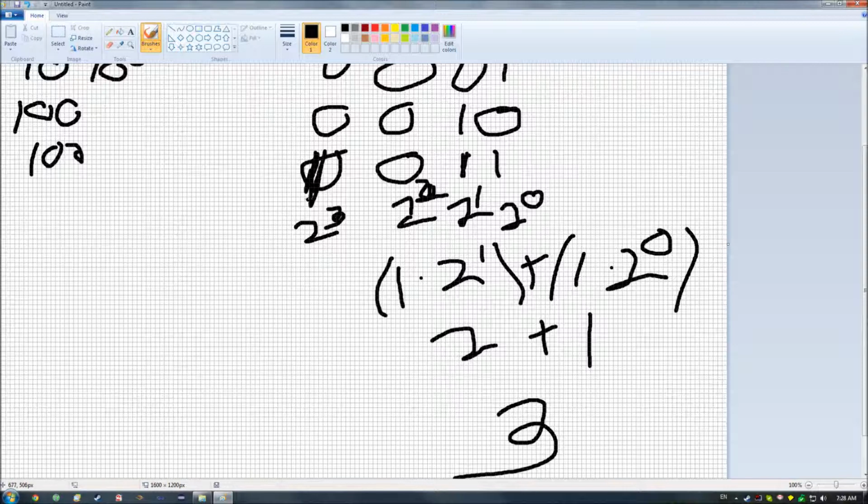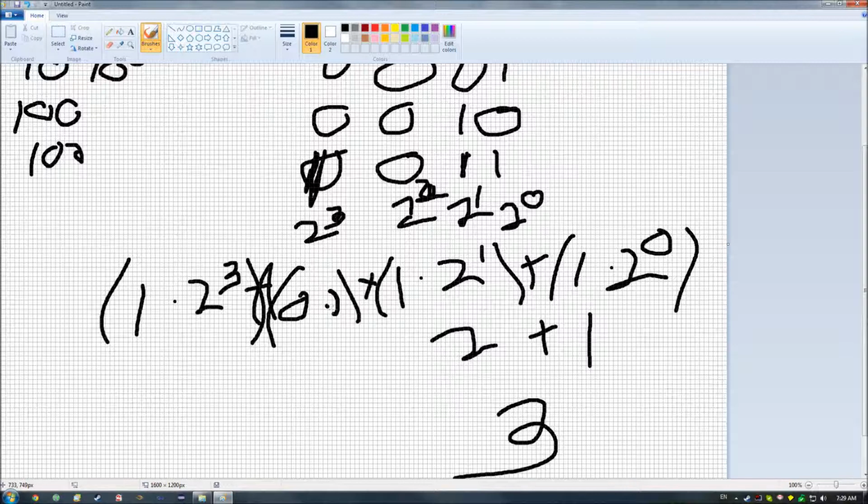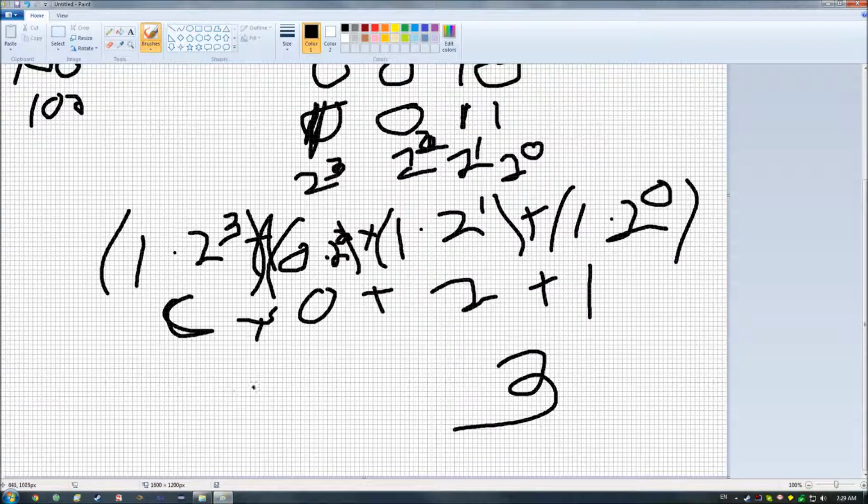So just multiply here, 1 times 2 to the 3, and then for simplicity's sake, also toss in plus, in parentheses, 0 times 2 to the 2, which of course goes to 0. This over here ends up going to 8, and it'll take a little bit to get used to it. Then you wind up with 8 plus 3, and you get out 11.